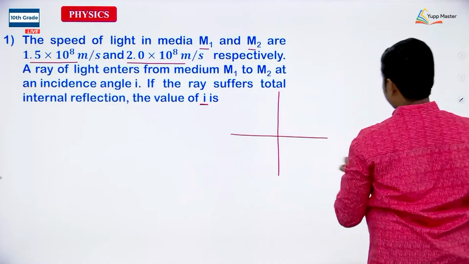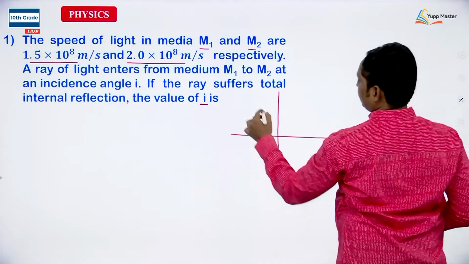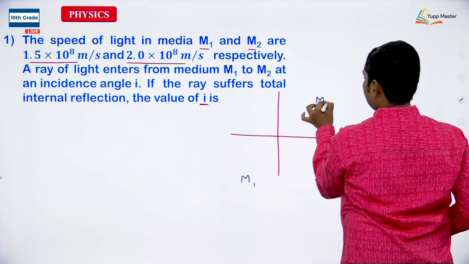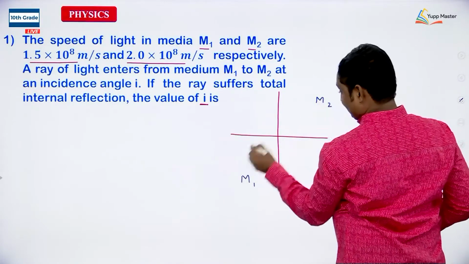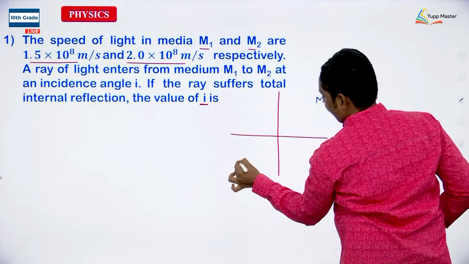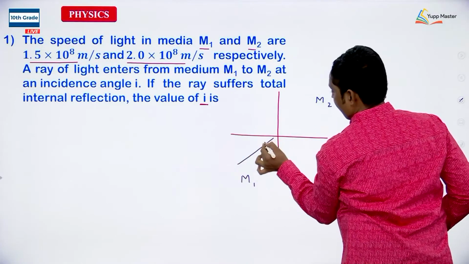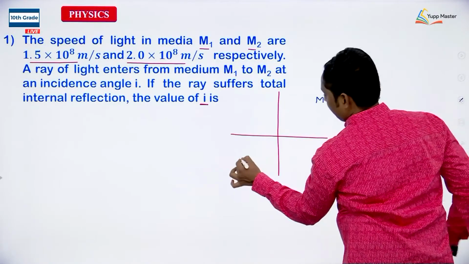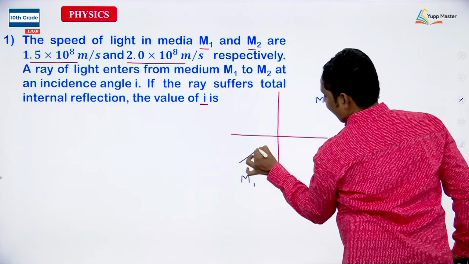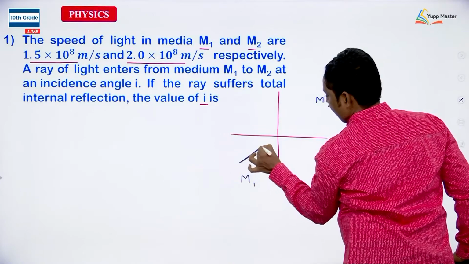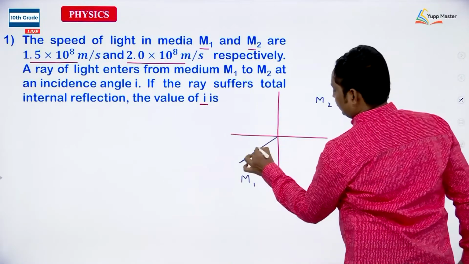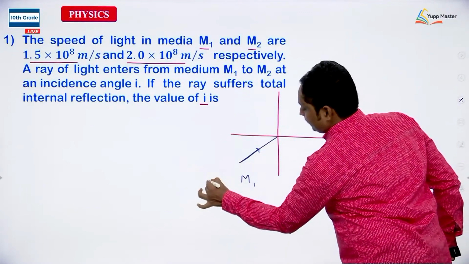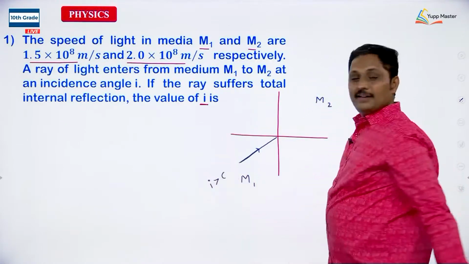We would like to go for this diagram. This is M1, this is M2. Light is getting total internal reflection. This is the incident light ray. In order to get total internal reflection, I should be greater than the critical angle.